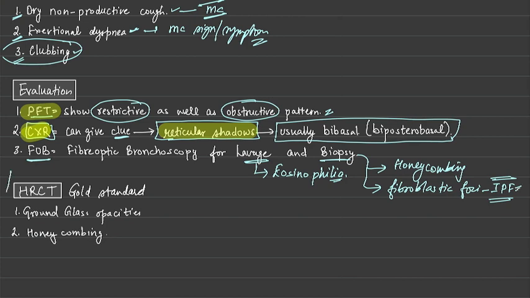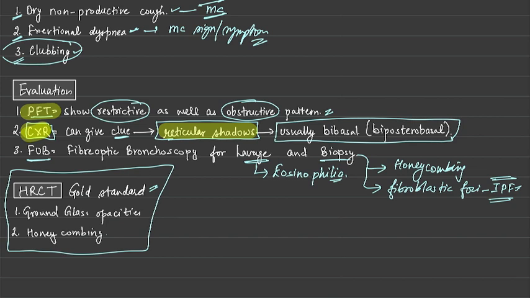But the gold standard is HRCT, right? HRCT will tell us where the lesion is, and what kind of pattern is there in this kind of ILD. Based on the position and the pattern, honeycombing, you can, to some extent, identify the type of ILD.